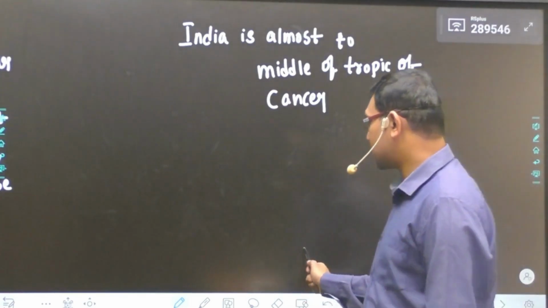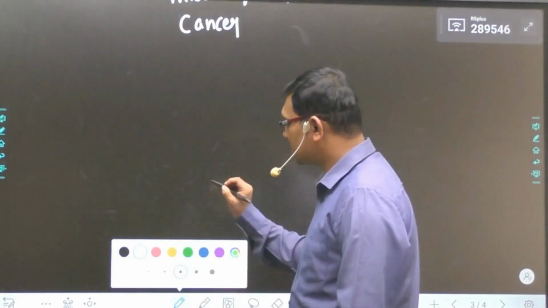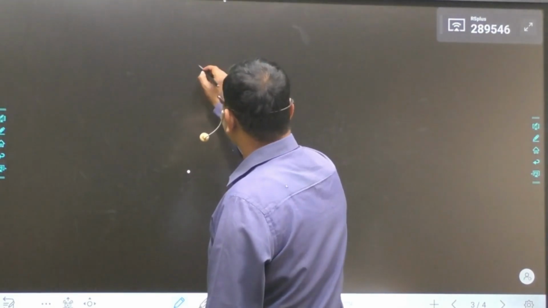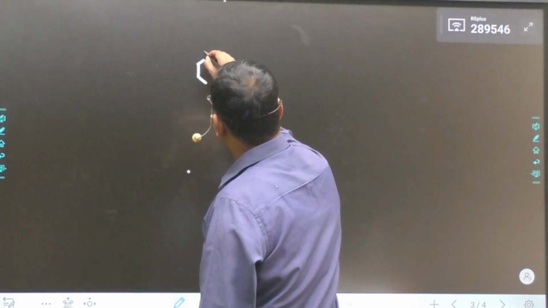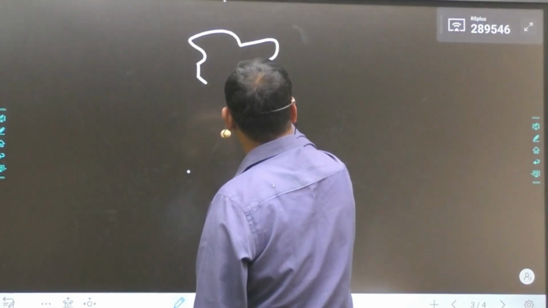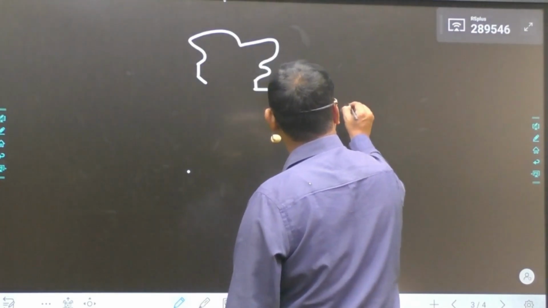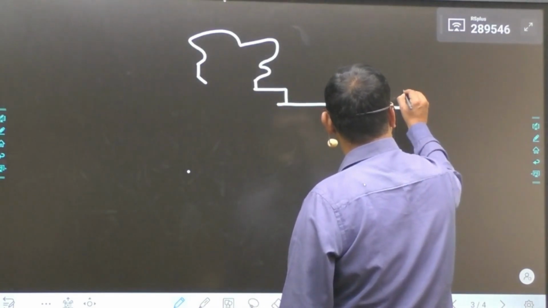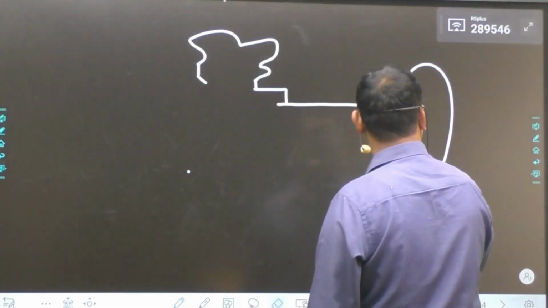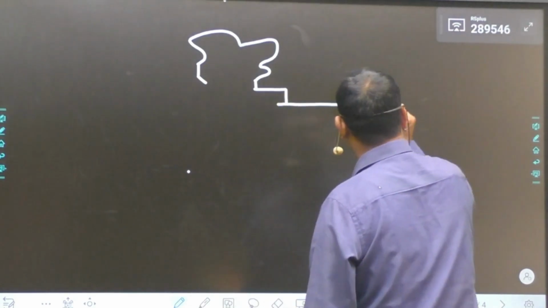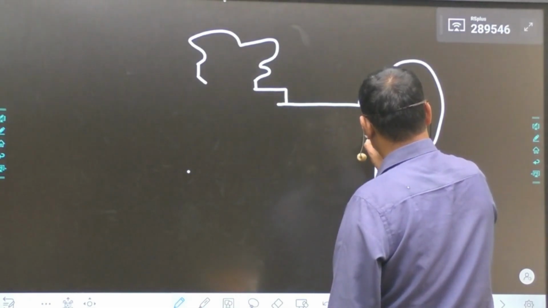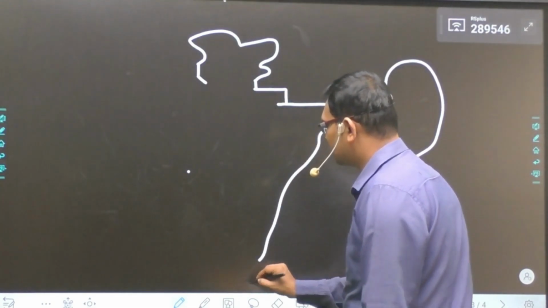How? We have to draw the maps also. You see, you can practice it, simply like this. See here.